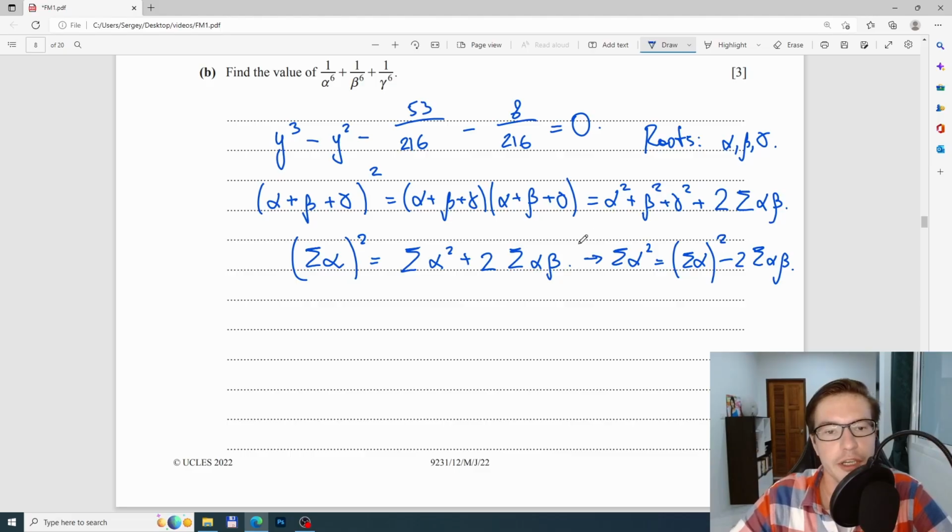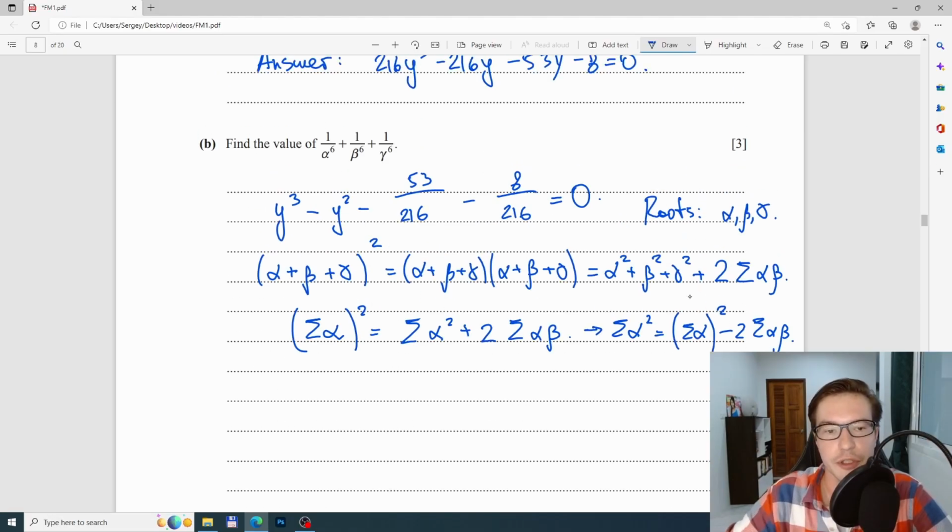And just by looking at the coefficients of the equation on top, we can determine some values. What is super important here is that the number in front of the highest power of your variable should be 1. So that's why I divided this by 216 in the first place, because otherwise it's easy to forget.